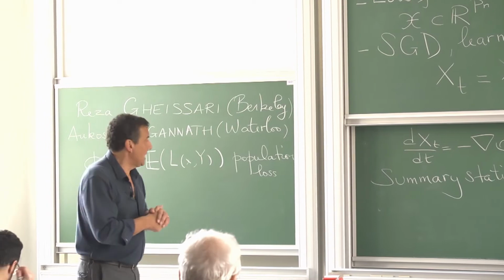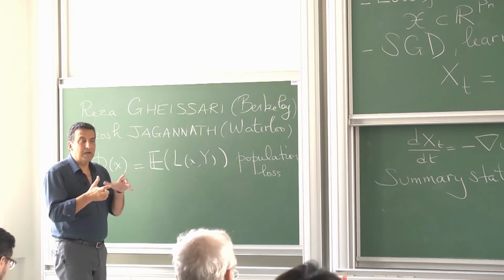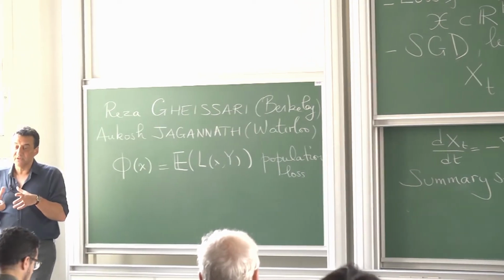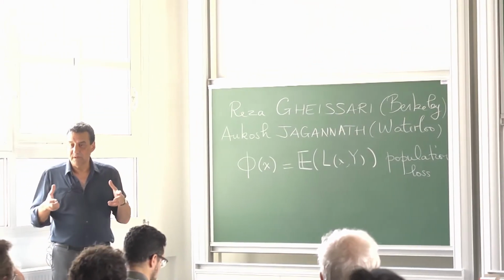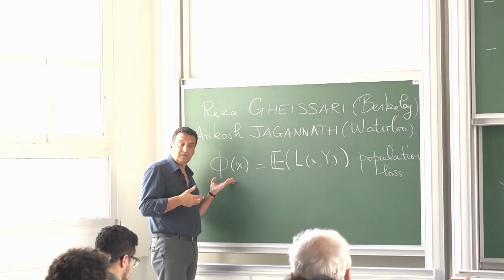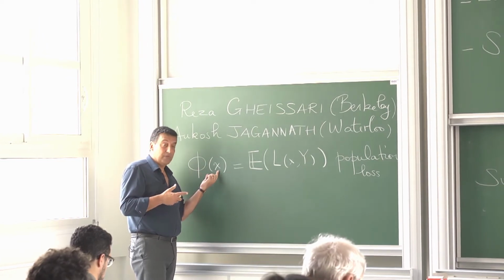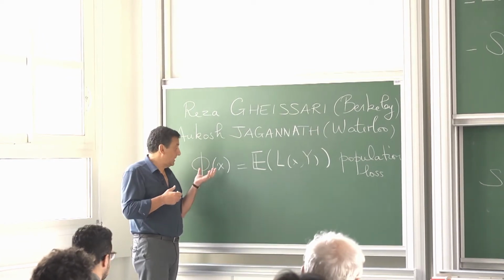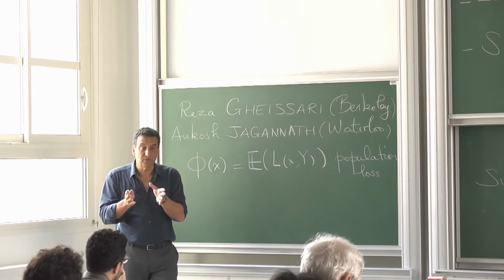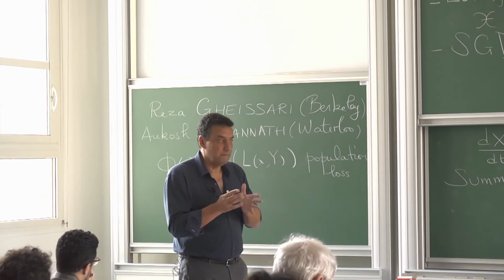Okay? So when can we imagine that there might be a finite dimensional object that is interesting in this infinite dimensional object? Typically, for instance, imagine that your population loss is a function of something of diverging dimension, but in fact is a function of a small dimensional thing. Very many models are like that, right?